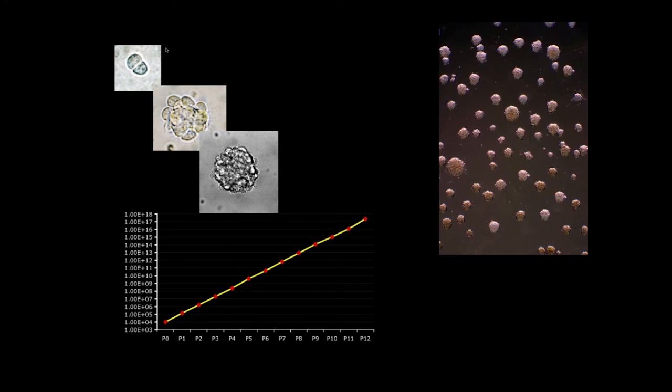Now, we could take one of those neurospheres, or a population of those neurospheres, dissociate it into a single cell suspension, and it would generate more neurospheres. And we could continue to serially passage the cells like that, resulting in this arithmetic increase in the growth of the cells over time.